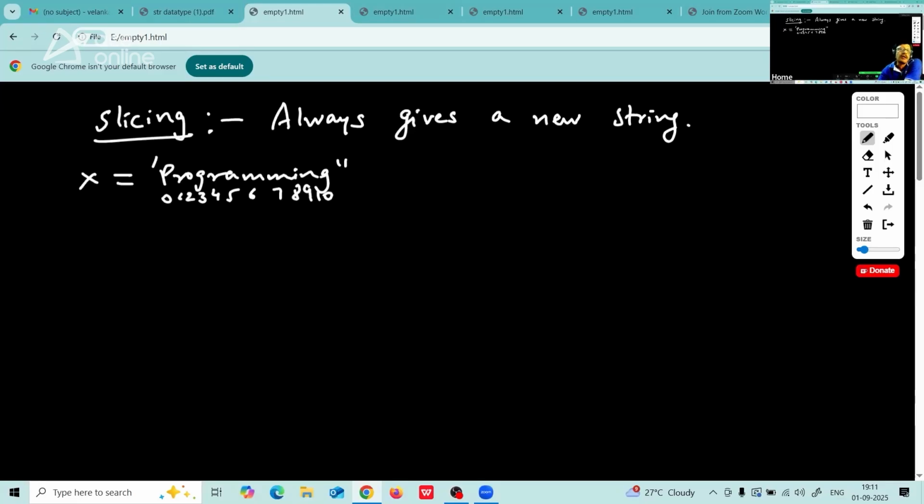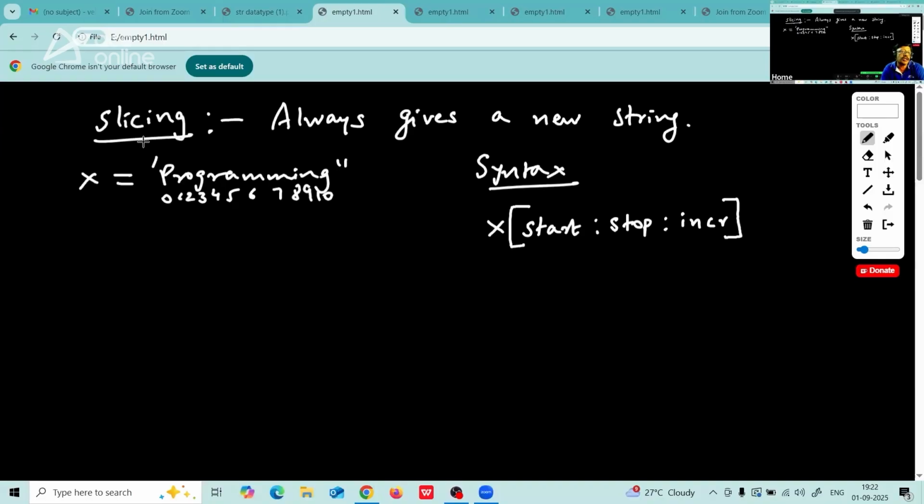Now, what is the grammar? Syntax of slicing. Syntax is like this. We were learning about slicing and look at this grammar. This is the syntax of slicing, where X is the string and 3 things can be given in the square bracket in slicing. Start value, then colon, stop value, then colon, increment.